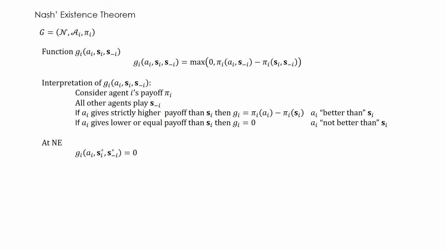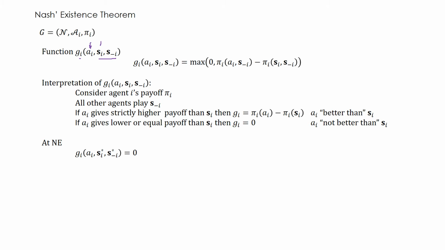So what is this function g_i? First of all, g_i is unique to agent i, so we'll have to construct this function for every agent i. What are the arguments of this function? A pure action of agent i and a mixed joint strategy.